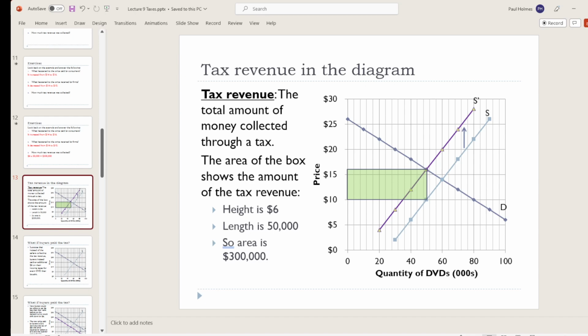And as we've seen previously, an area on the graph represents a particular dollar amount. In this case, the height of this rectangle is $6, the length is 50,000, multiply those two dimensions together and we get the amount of the tax revenue, the area of this rectangle, at 300,000.